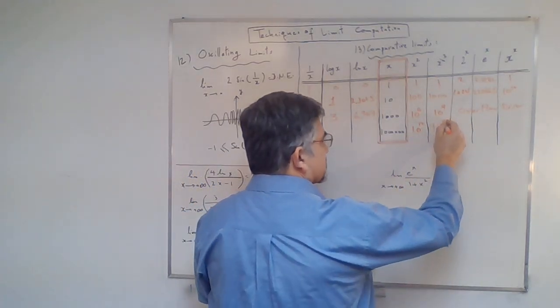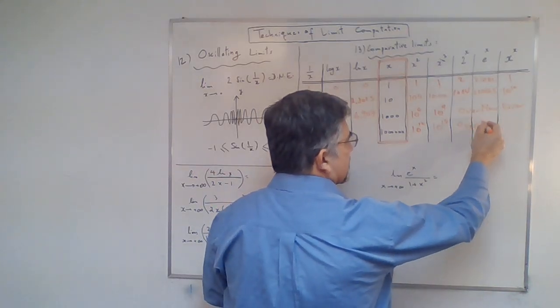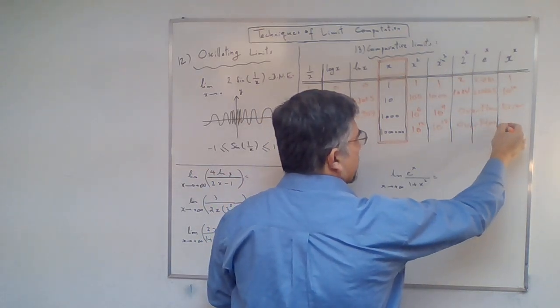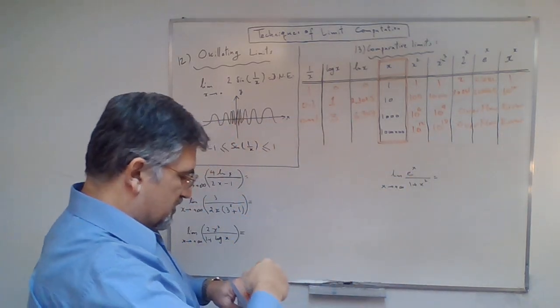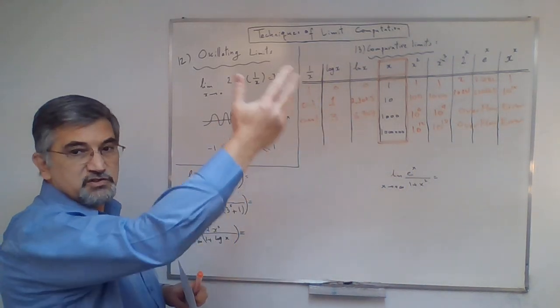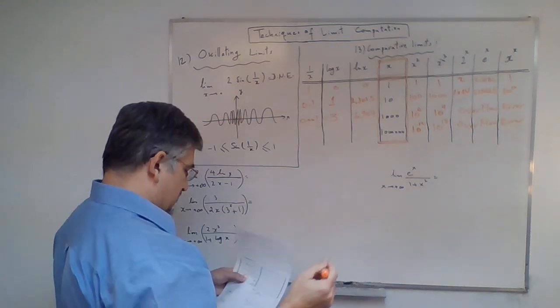Next one will be 10 to the exponent of 18. And sure enough, we still get the overflow error message on the screen of the calculator, because the values of those exponential functions are so large that they don't fit in your calculator.